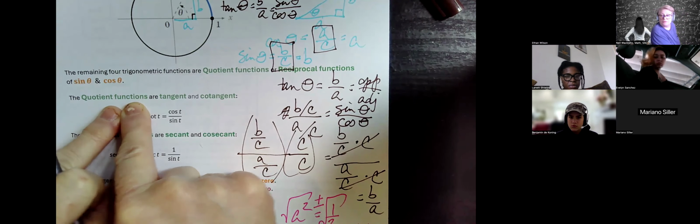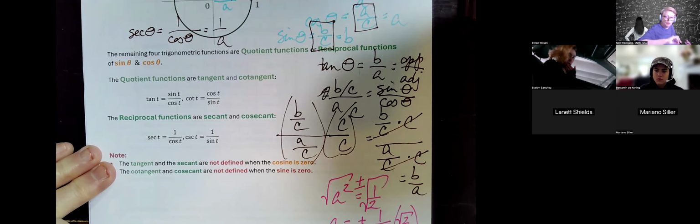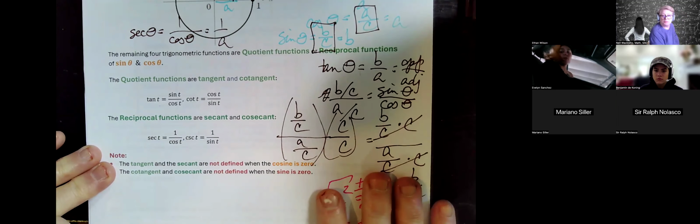And what did we say cosine was for this unit circle? A. Good. So secant is 1 over A. And because we're only using one trig function to get to it, it's called a reciprocal function, because all we're doing is taking one trig function and finding its reciprocal.